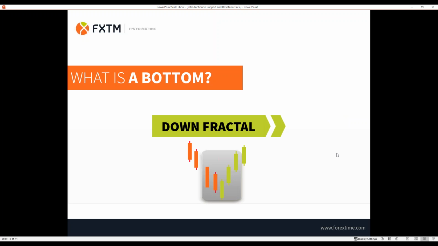And down fractal is the last definition. So you see here that we have 1, 2, 3, 4, 5 candlesticks. As long as the middle candlestick is lower than the 2 to the left and lower than the 2 to the right, then you have a down fractal.